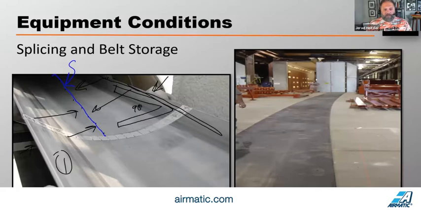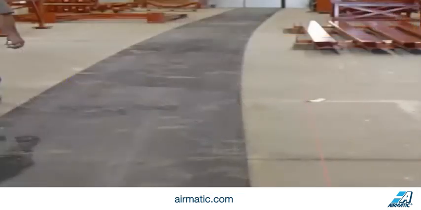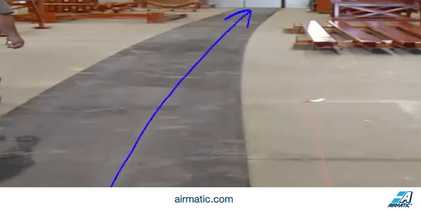Okay, another concern that you should be thinking about is stand at the tail pulley and watch that belt, and if it slowly walks, slowly walks, and then slowly walks back, that's a little bit different. That's called camber. Belt slowly walks to one side and then eventually comes back. What you're seeing here is a curvature in that belt.